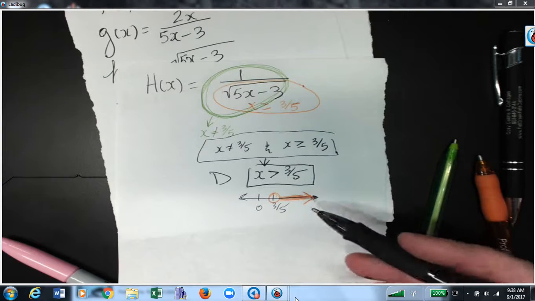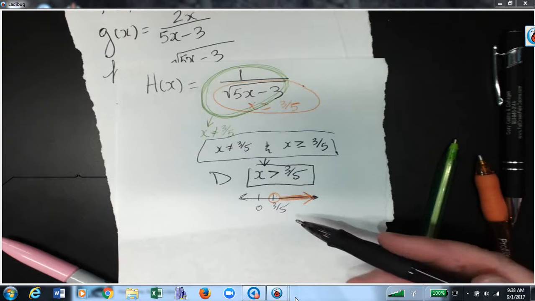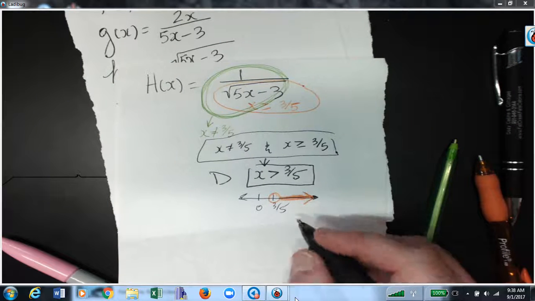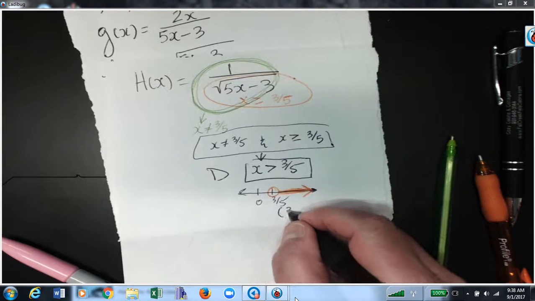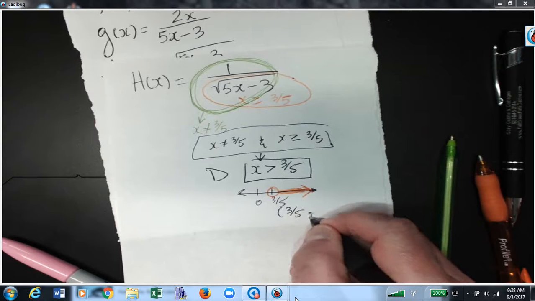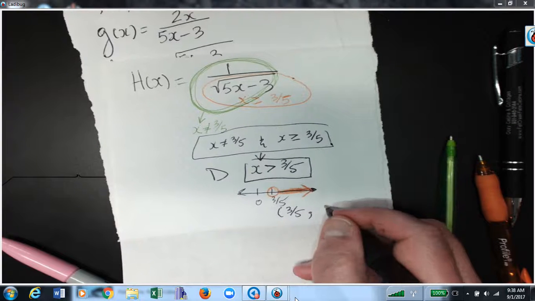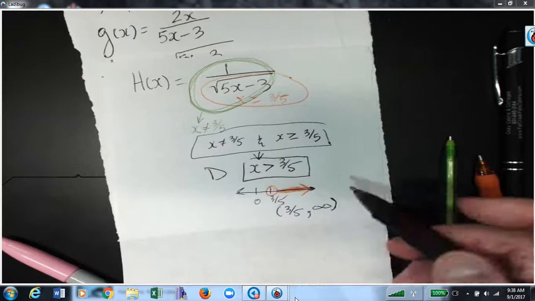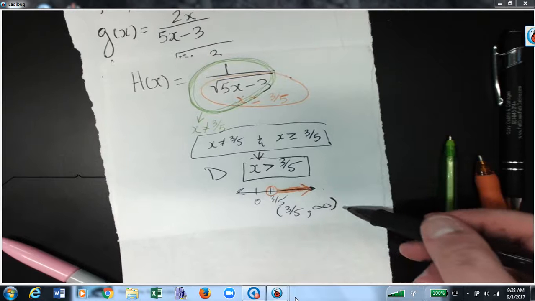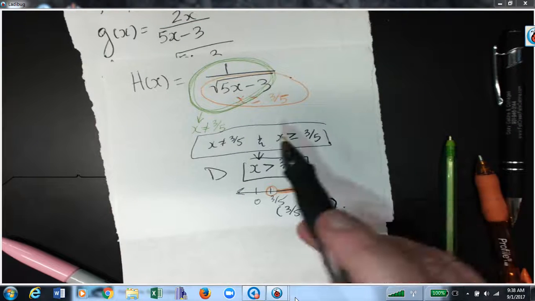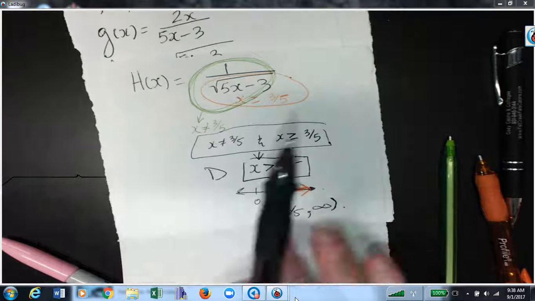I'm looking for a starting point. I'm going to start at 3/5, but we're not allowed to include it, so I have to write it with this parenthesis. And then there are no more gaps. So all of these would be the correct answer for domain for capital H of X.